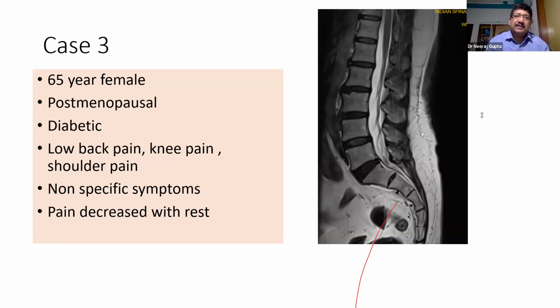If your HbA1c is high, you have to control the diabetes. Similarly, with osteoporosis, not only are bones weak, once the bony structure gets weakened, muscles also start aching. So these two conditions, osteoporosis and diabetes, can cause non-specific pains.